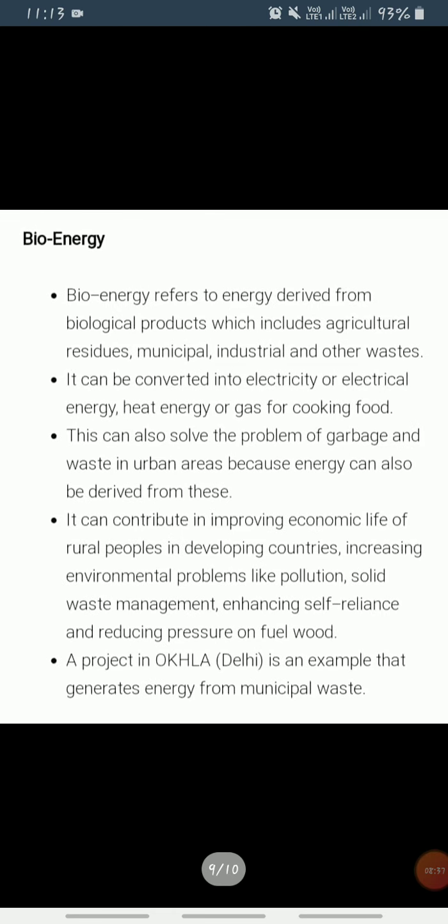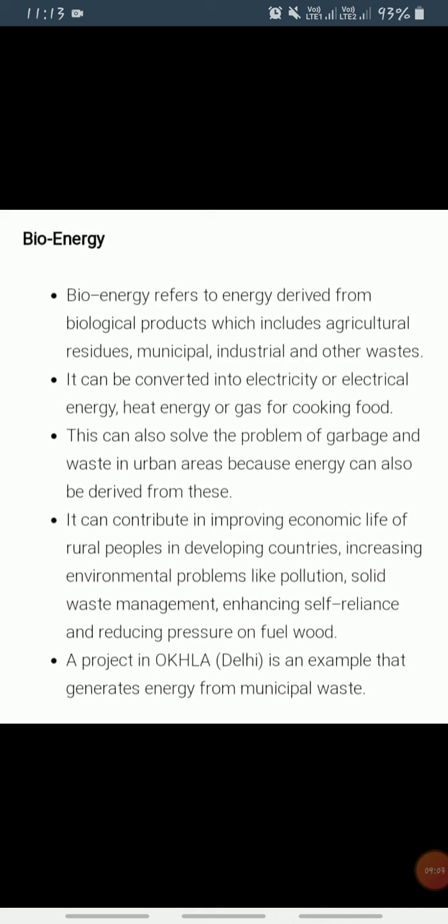So our next energy is bioenergy. Bioenergy refers to energy derived from biological products, which includes agricultural residues, municipal, industrial and other waste. And bioenergy is a potential source of energy conversion, and it can be converted into electrical energy, heat energy or gas for cooking also.